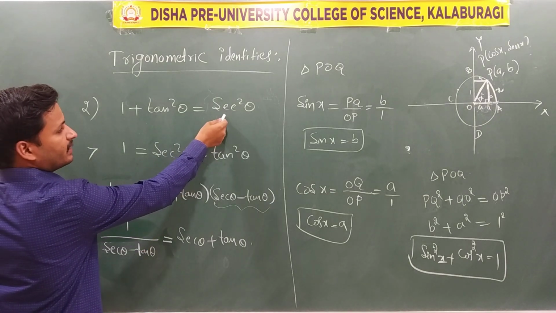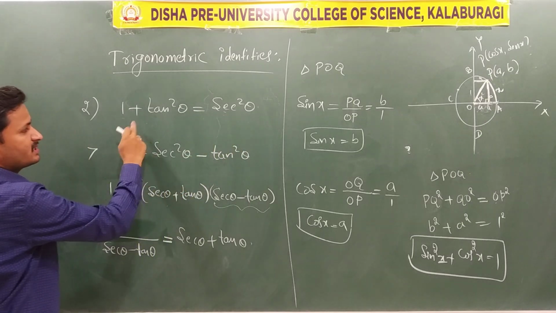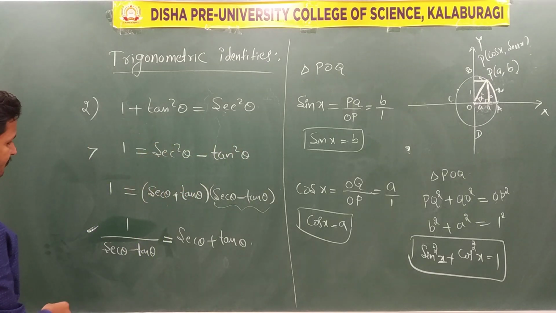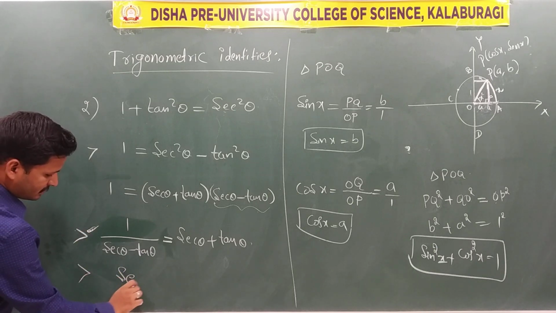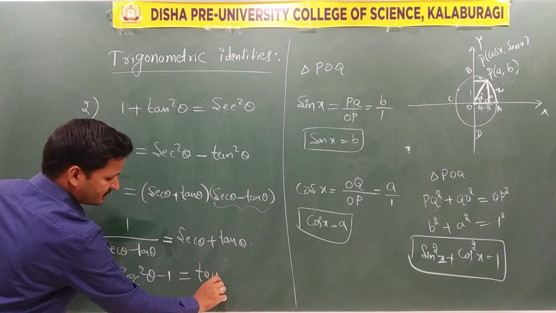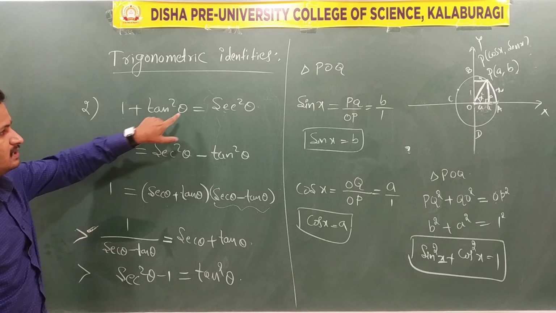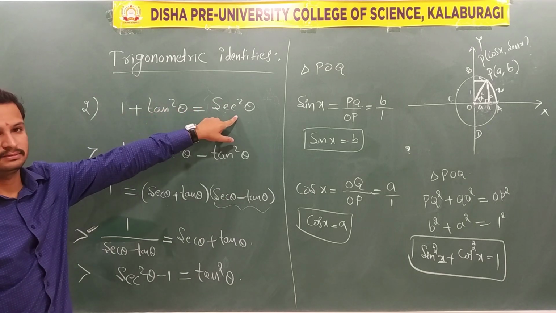Or secant square theta: take this 1 to this side, so secant square theta minus 1 is equal to tan square theta. This is also important. That means take this plus 1 to this side, then it becomes minus.